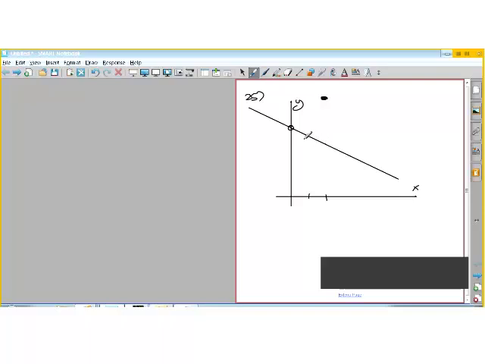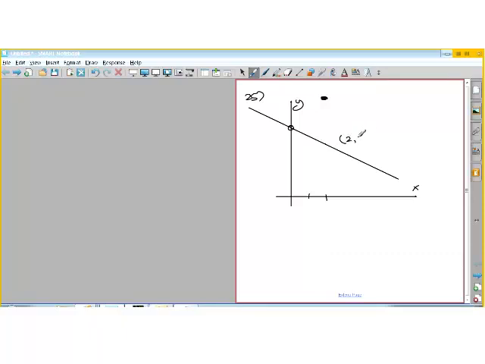Well, this point here is 2 comma 3. That's the limit. So I'm going to put a hole here, but the function exists at the other point. Here I just got a hole, so the function does not exist.